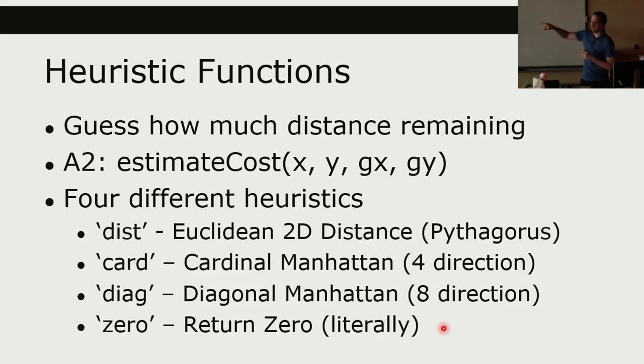But if you have a 0 heuristic, that's guaranteed to be admissible, right? It's guaranteed to work for A-star. So if you just use the 0 heuristic and you're still not getting optimal paths, then you know that the problem is with your algorithm and not with your heuristic. So test your algorithm with the 0 heuristic. Once it works with that, then test it with the other heuristics.